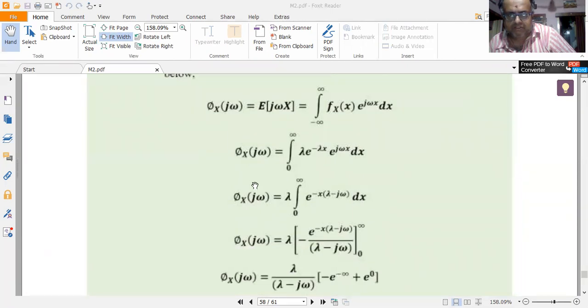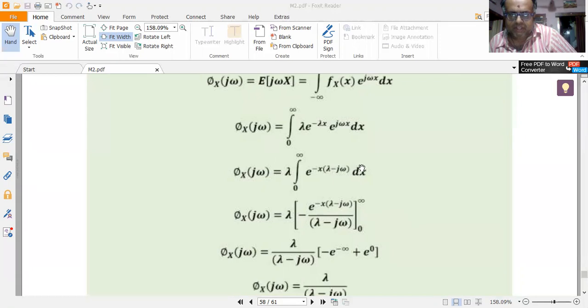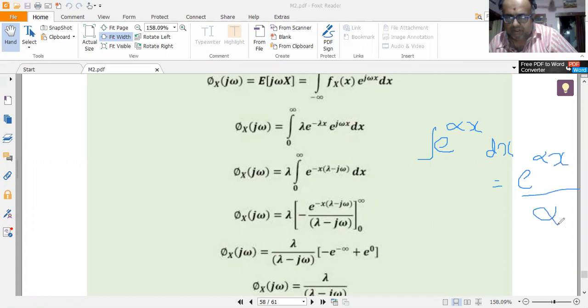Lambda is a constant, pull it outside, combine the two exponentials, I get lambda integral 0 to infinity e to the power of minus (lambda minus j omega) x dx. Now I need to evaluate this. For evaluating this, I shall use this formula: integral e to the power of alpha x dx is equal to e to the power of alpha x by alpha.